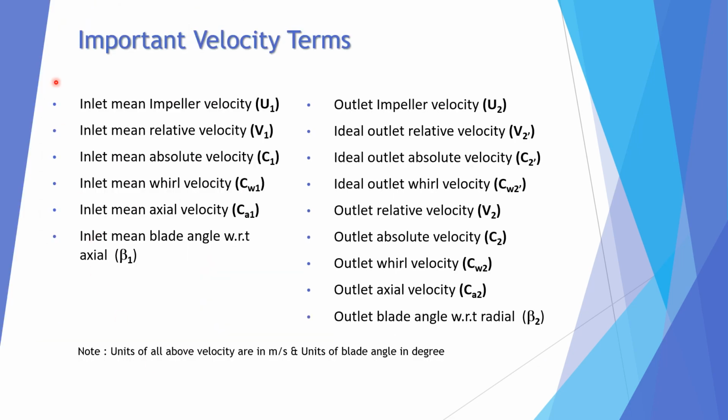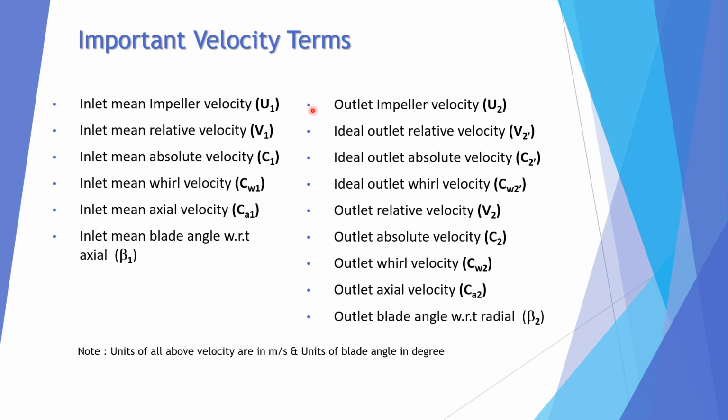Before that, important velocity terms: inlet mean impeller velocity u1, inlet mean relative velocity v1, inlet mean absolute velocity c1, inlet mean whirl velocity cw1, inlet mean axial velocity ca1, inlet mean blade angle with respect to axial beta 1.